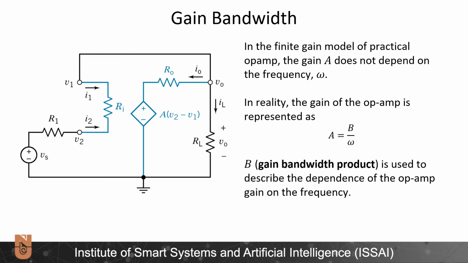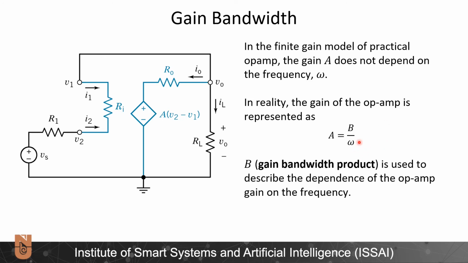In electronics, everything depends on the frequency. And in the finite gain model of a practical op-amp, the gain A does not depend on the frequency, but in reality it does. And here is the relation. The gain A is equal to B divided by omega, which is the frequency.